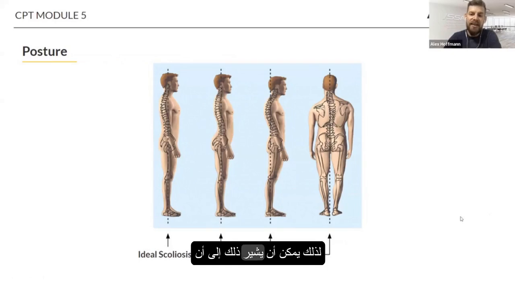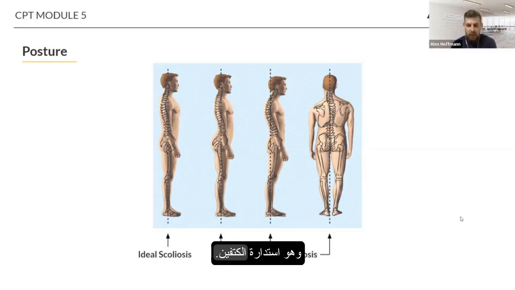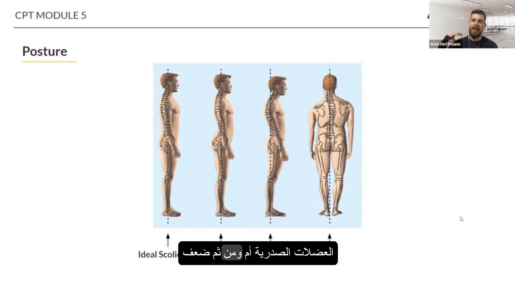So that could indicate that a client has weak abdominal muscles, tight hip flexors, and overactive erector spinae. We could see kyphosis, which is rounding of the shoulders. That's going to be the most common spinal deviation that you're going to see. That indicates tightness through the pectoral muscles, and then weakness or overstretched muscles on the backside.